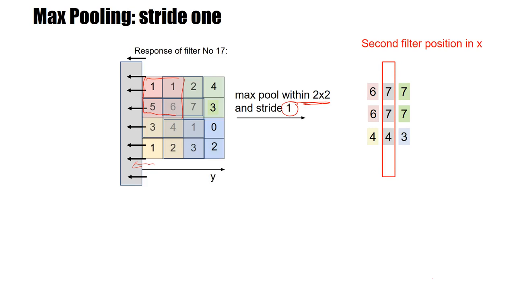So I said we focus on this second filter position, which would correspond to this one here for the top filter, this one for the second filter, this one for the bottom filter. But now we imagine that we shift the image to the left.